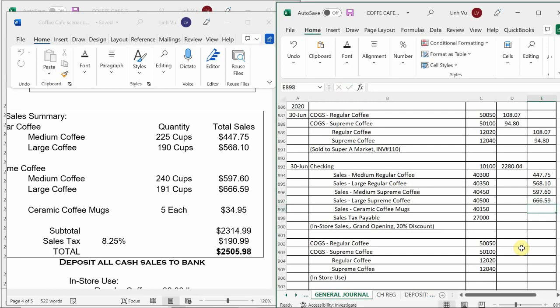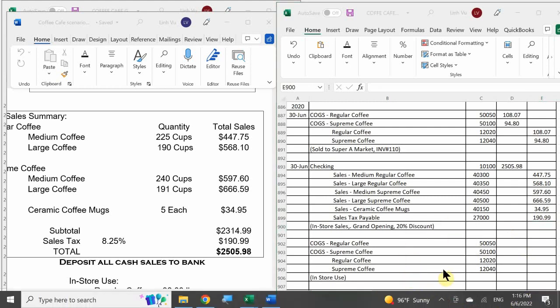I also sold 5 ceramic coffee mugs for $34.95, and I collected $190.99 worth of tax to get a grand total of $2,505.98 in cash. There are no typos here because my journal has matched my scenario.